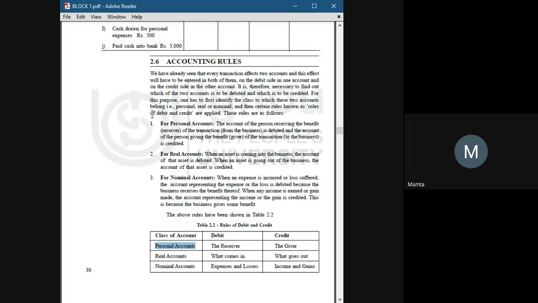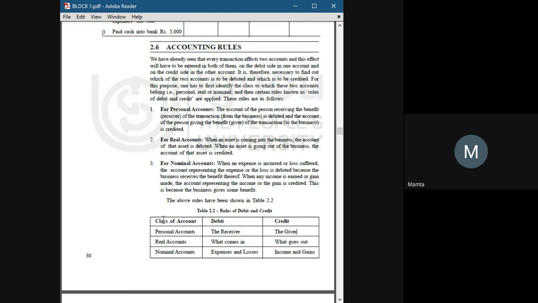So for these, personal account stands. Now the rule for personal account is debit the receiver, credit the giver. I'm repeating, debit the receiver, credit the giver.